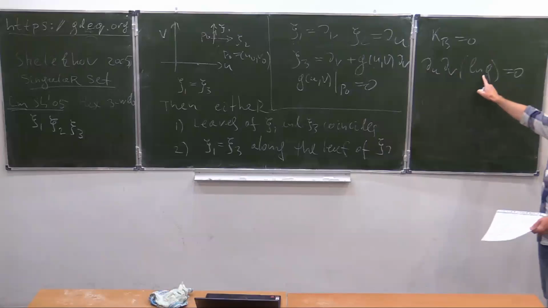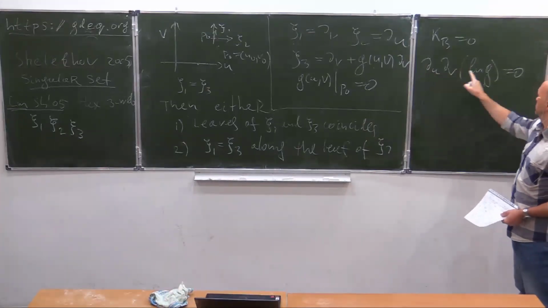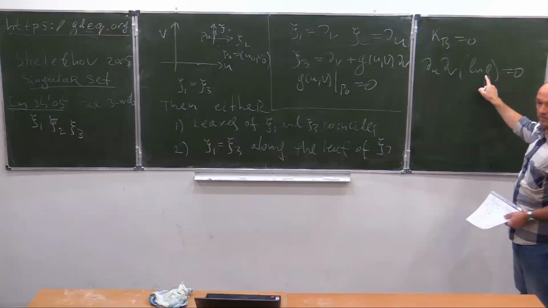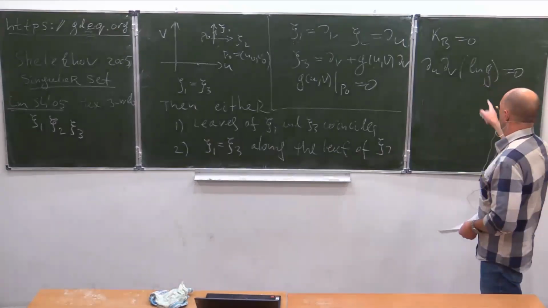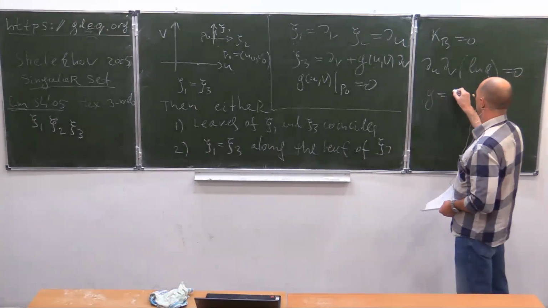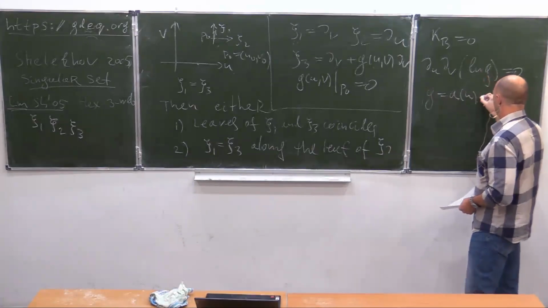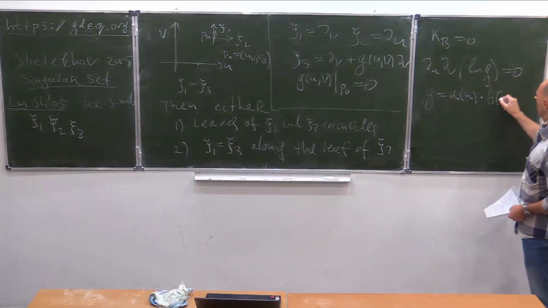This is the logarithmic derivative, well, you differentiate with respect to U the logarithmic derivative of J, right? Well, it's very easy to integrate it. So it's just some function of U multiplied by some function of V.